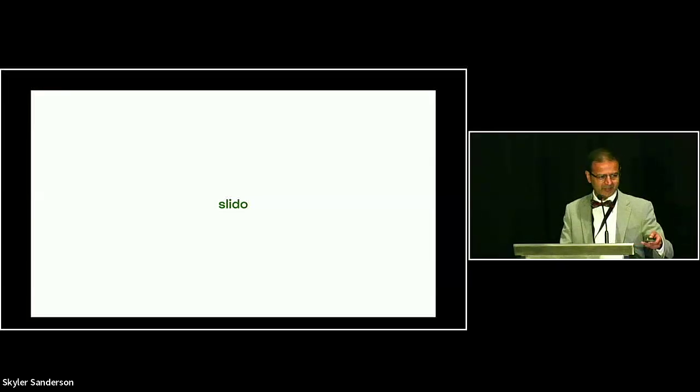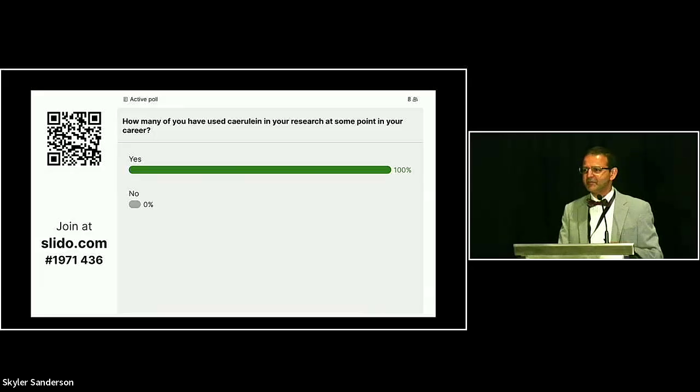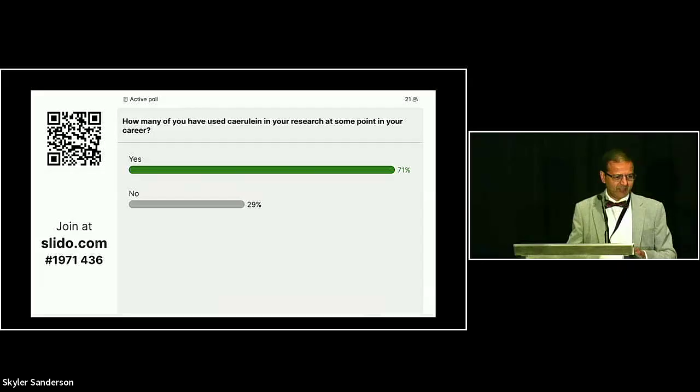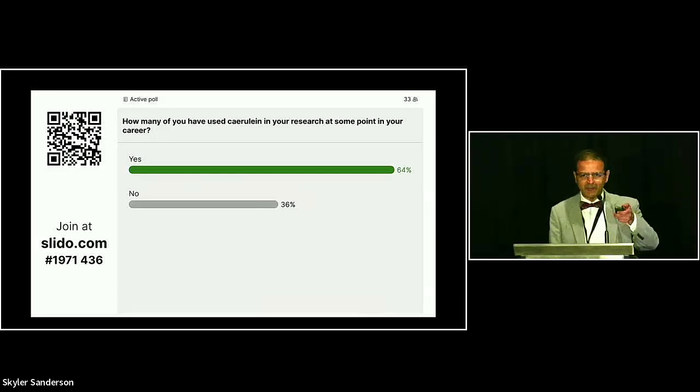Hopefully this works. Okay, how many of you have used cerulean in your research at some point in your career? We'll give it maybe 3 to 5 more seconds, so please act fast.